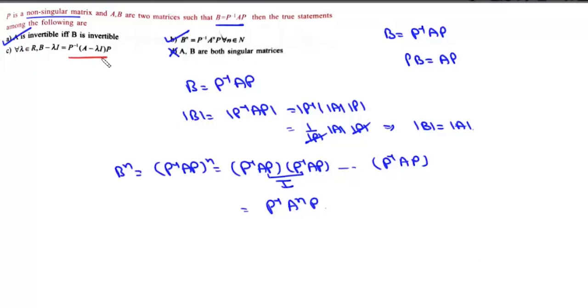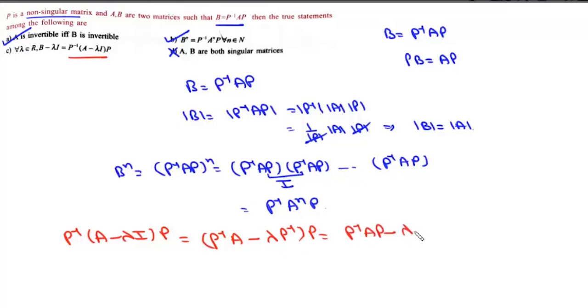Now if we take the right hand side, we can write P inverse into A minus lambda I into P. Now if we multiply it with P inverse, we can write P inverse into A minus lambda P inverse, and if we multiply it with P, we can write P inverse AP minus lambda P inverse into P. Now this is nothing but B, so this is B minus lambda, and P inverse into P is I. So B minus lambda I is equal to P inverse into A minus lambda I into P. And this is a very standard result in eigenvalues.